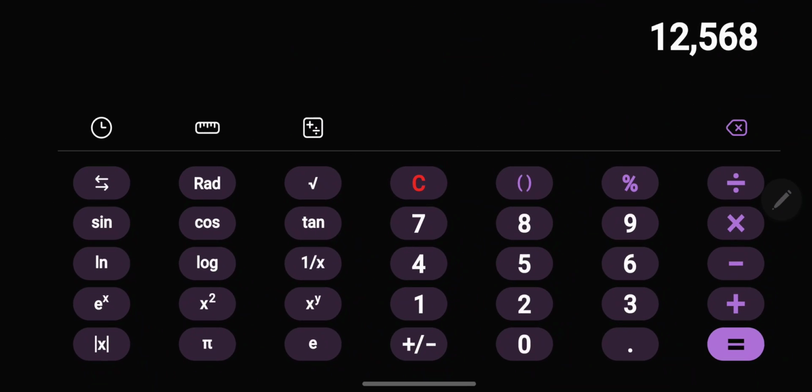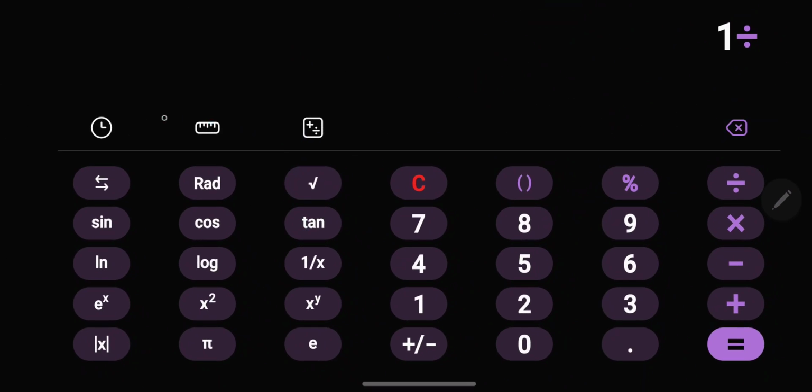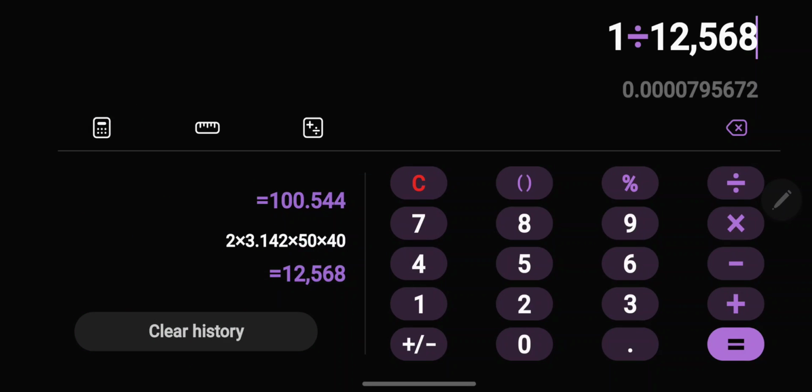So sorry about that. It's equal to this, so we need to find the inverse. I don't know why my calculator is doing this. Okay, let's just do this, then go to our history and pick this up.